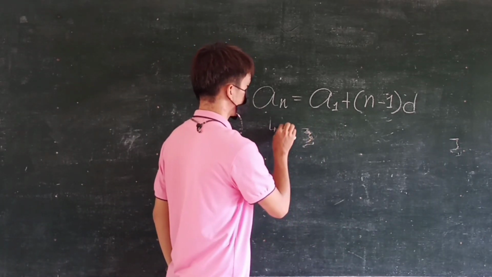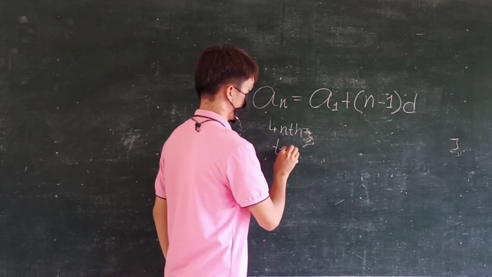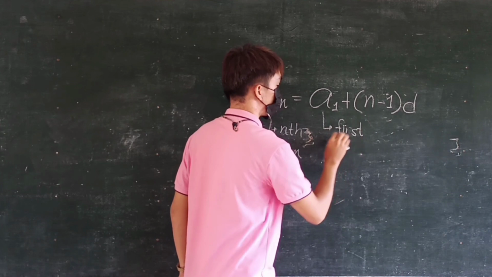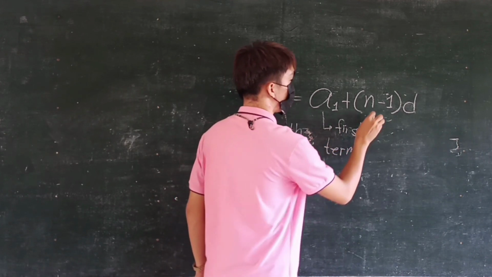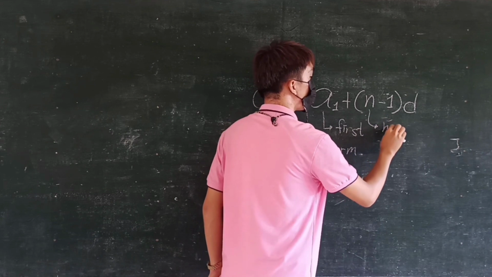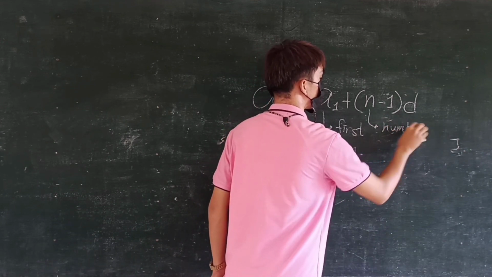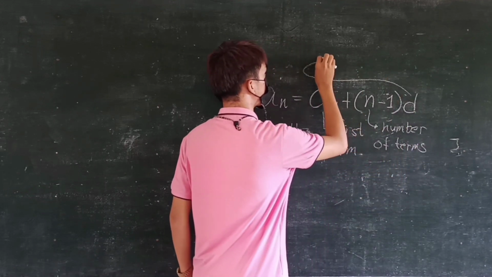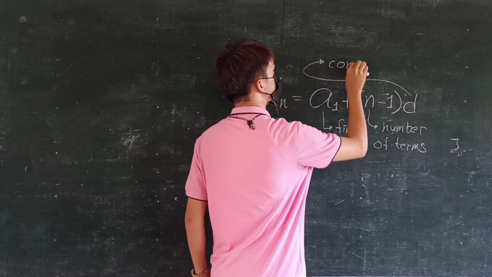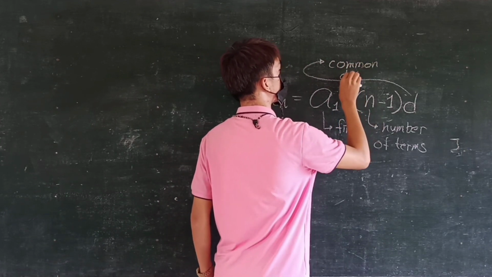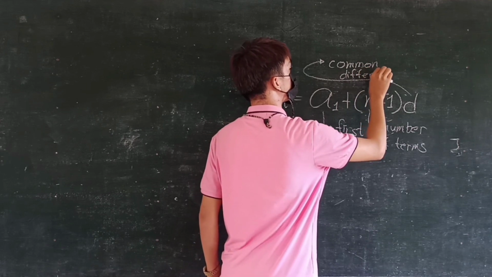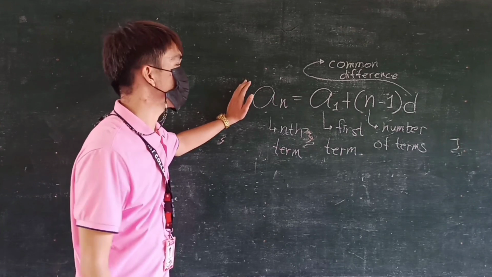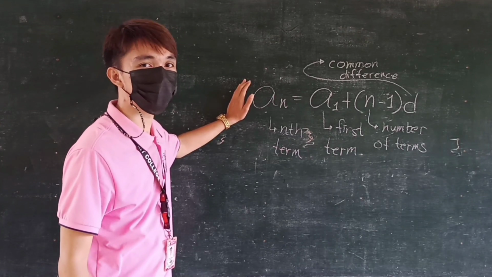And n here is the number of terms, kung pila kabuo ang given terms. And d here is what we call the common difference. So be familiar with this formula because this is so useful.